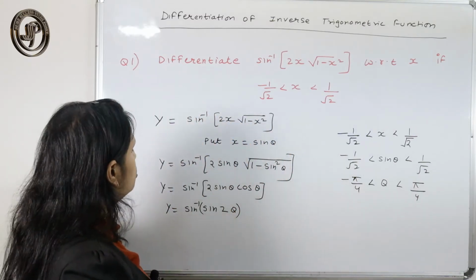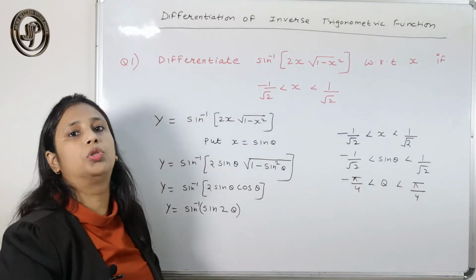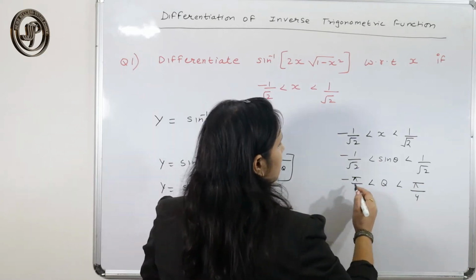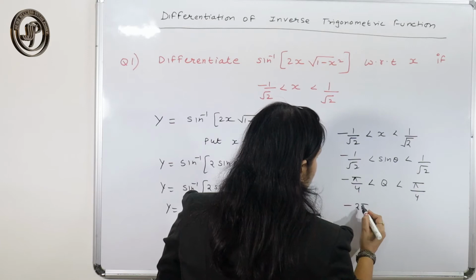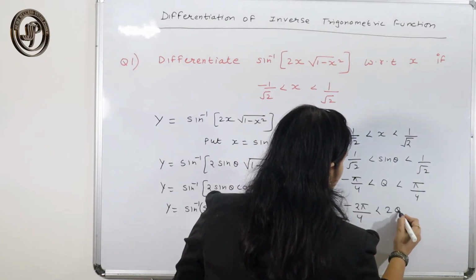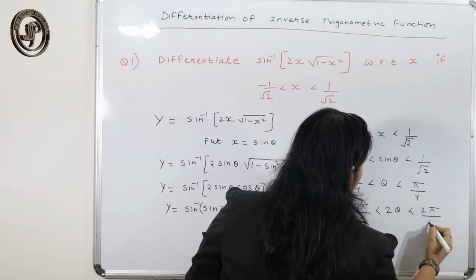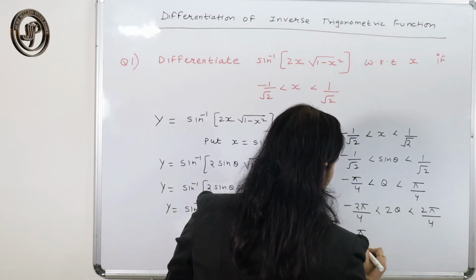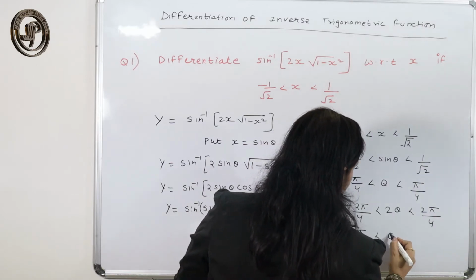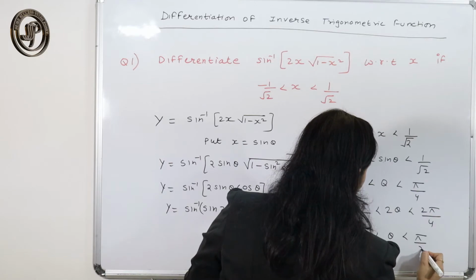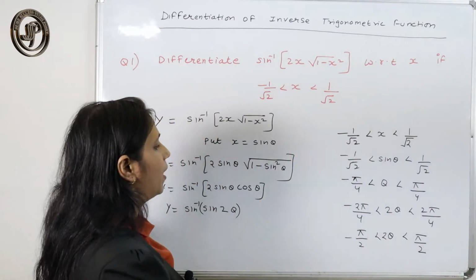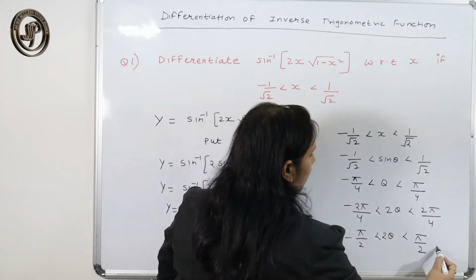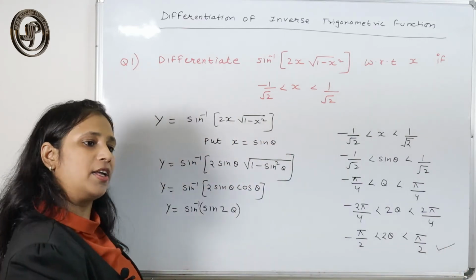But I have to check the range for 2 theta. So I just multiply the whole term by 2. If I multiply the whole term by 2, then what do I get? 2 theta lies between minus pi by 2 to pi by 2.